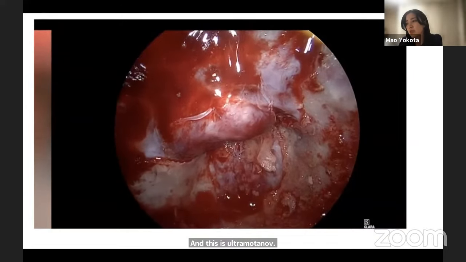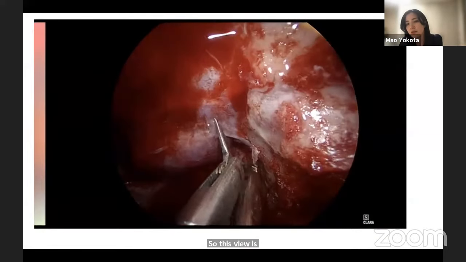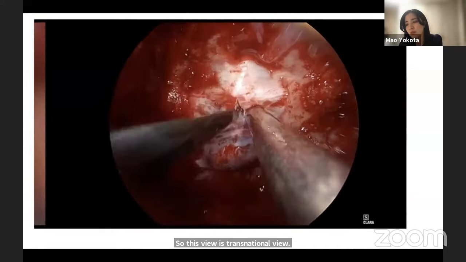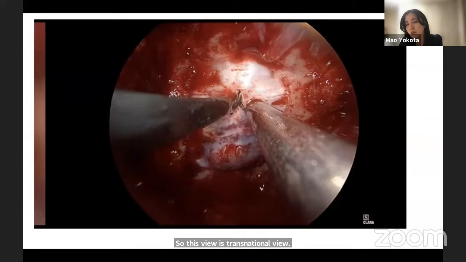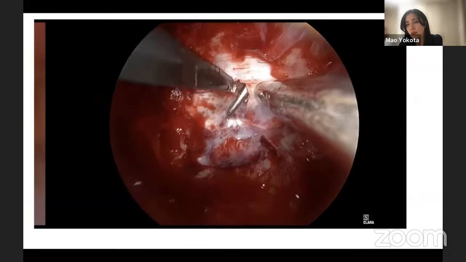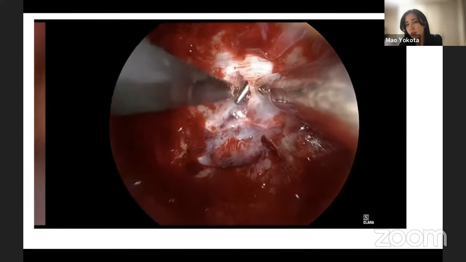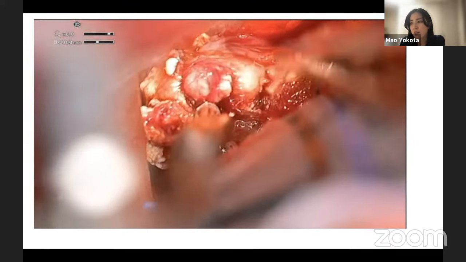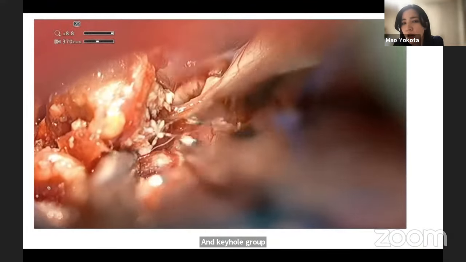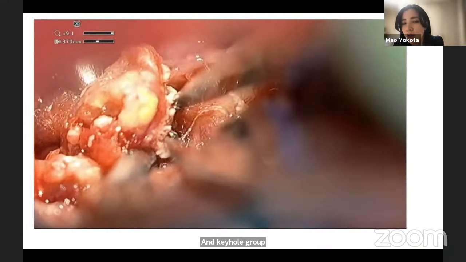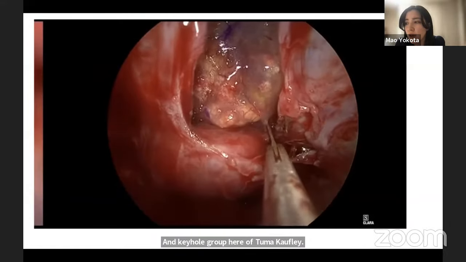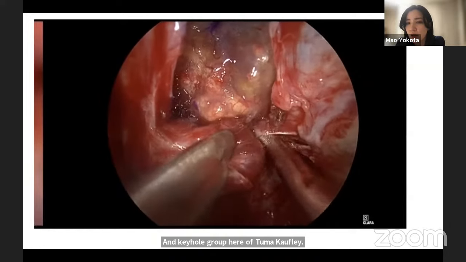So this view is the transnasal view. And the keyhole group peels off the tumor carefully. And now we translocated the pituitary gland.